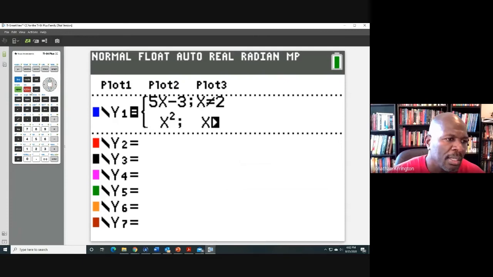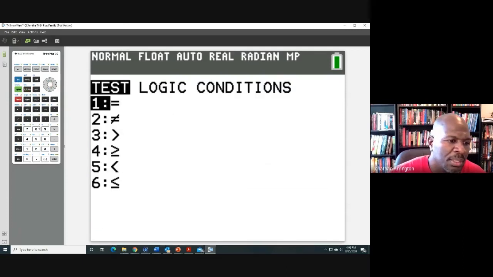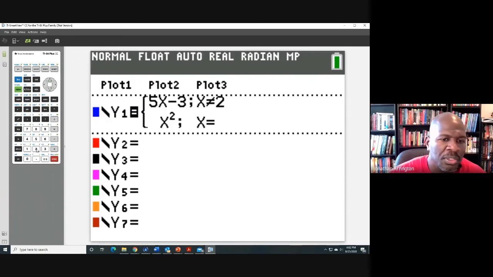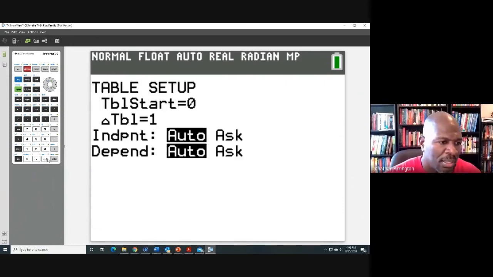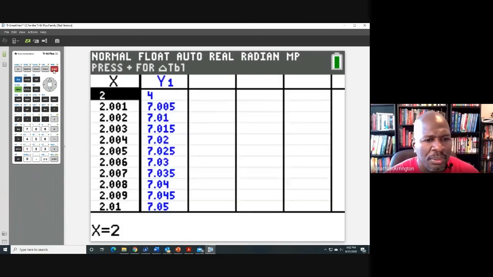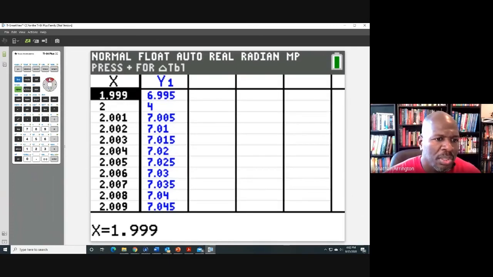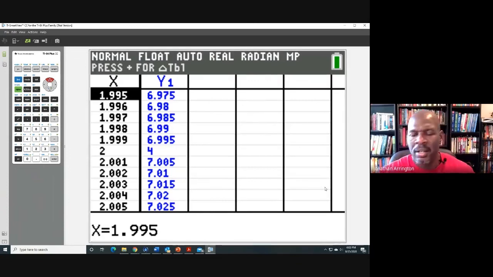Okay, so there's the function there. Again, I'm finding a limit as x goes to 2, so I'm going to go second table set. My table start is 2. Again, I'm going to make this point 0, 0, 1, and let's look at what the table shows. So let's put the 2 in the middle, and let's conduct our analysis.